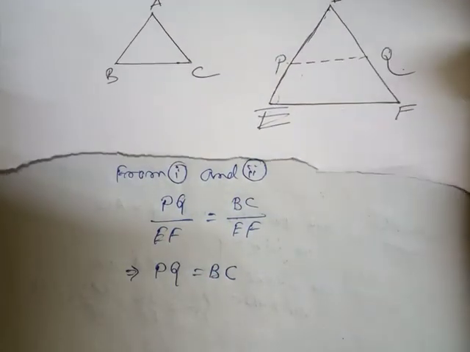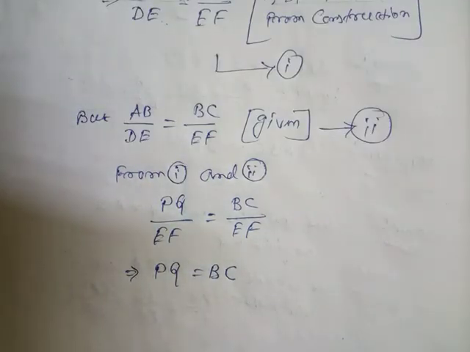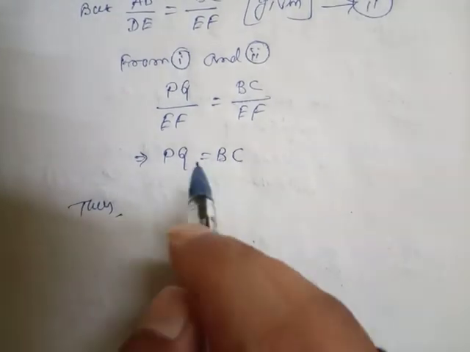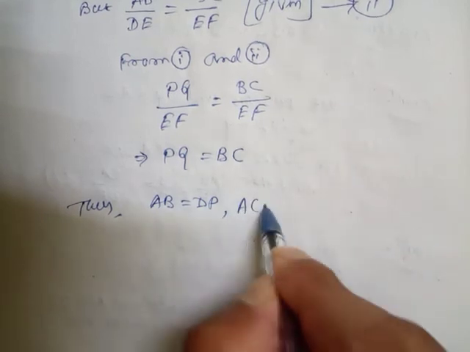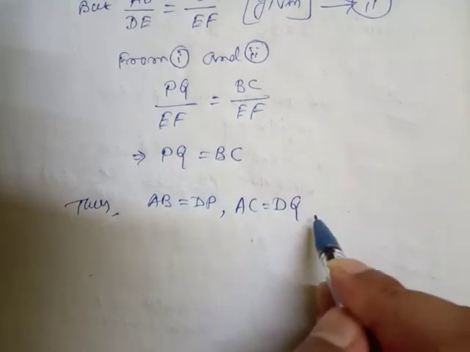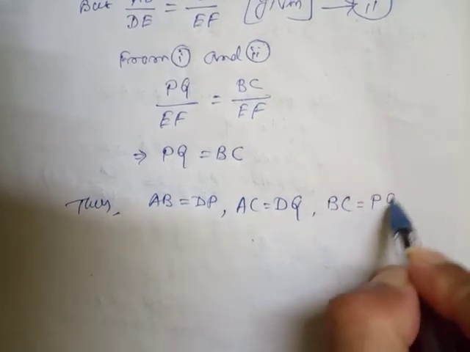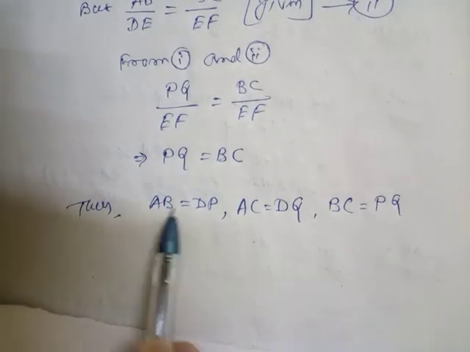Now look after that. So if PQ and BC are equal, we'll write that thus AB equal to DP, AC equal to DQ, and BC equal to PQ. Look in the diagram again. AB and DP, and AC and DQ, are from the construction part.